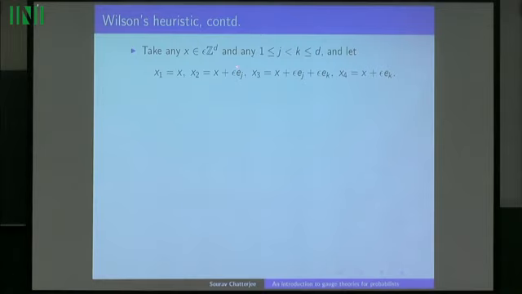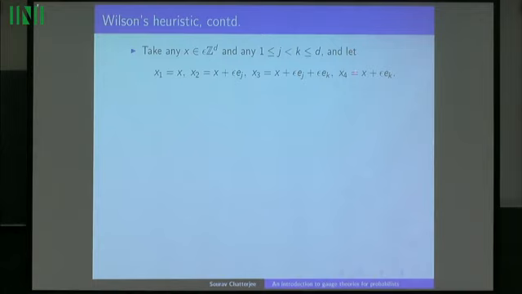So now take a plaquette. A plaquette is as follows: you have 4 vertices x1, x2, x3, x4, and they must be of this form. x1 is x, x2 is x plus epsilon ej for some j, so there are 2 directions, j and k. x3 is x plus epsilon ej plus epsilon ek, and x4 is x plus epsilon ek.